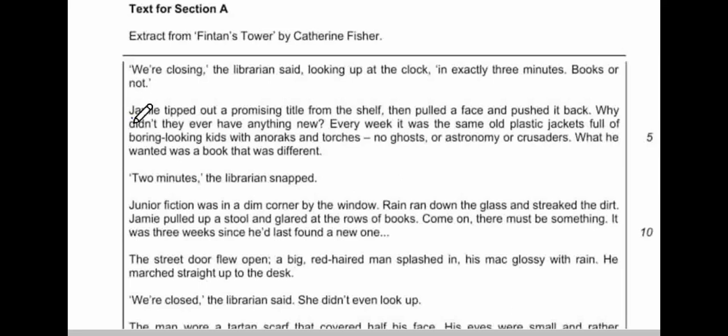You can underline the names and important things that might help us in answering the questions.